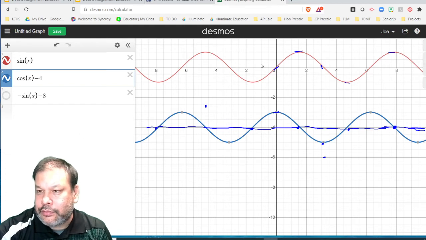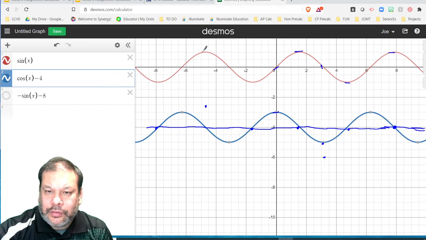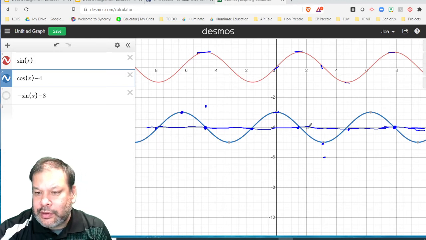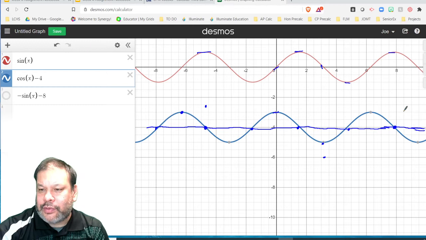Oops, what did I do wrong here? Oh yeah. So this is where it maxes out, so it should be 0 here. Then the point of inflection is, of course, where the maximum is, and that's why that should fill out.